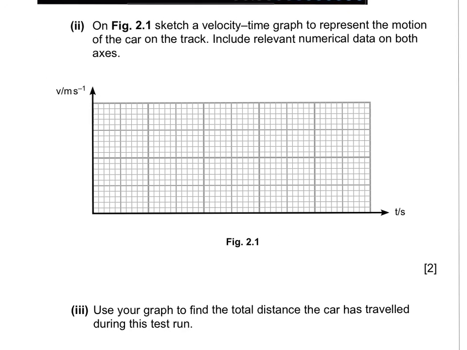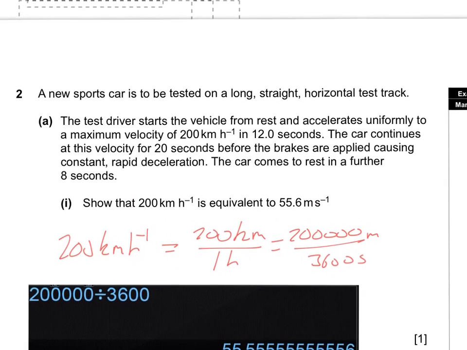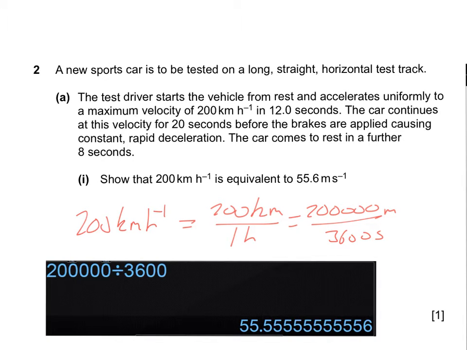Part 2 then. Sketch a velocity time graph to represent the motion of the car on the track. Include relevant numerical data on both axes. So this kind of sketch involves looking at the important values, like for example the 56 or 55.6 meters per second that it reaches. So that'll be a vertical important number. Horizontal important numbers would be 0 at the beginning, 12 seconds by the time it reaches this maximum velocity, continuing at that for another 20 seconds, and then going back to 0 during the remaining 8 seconds.